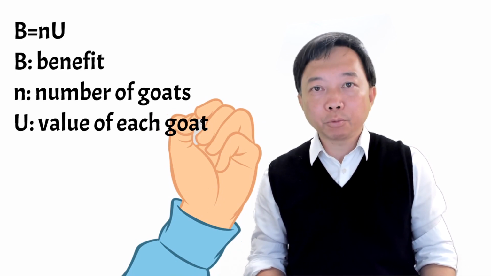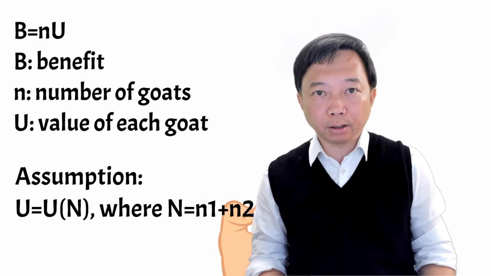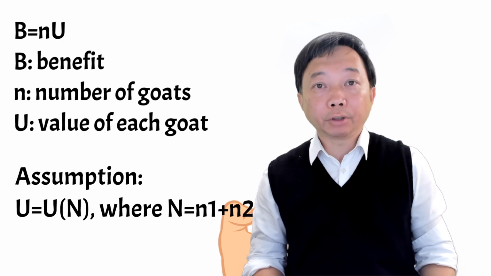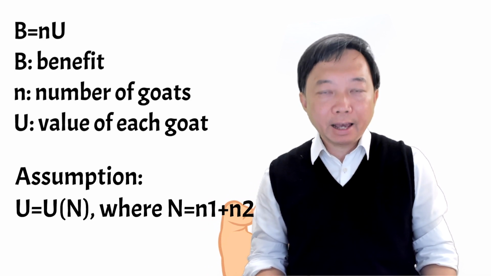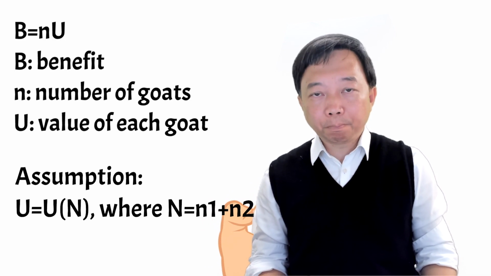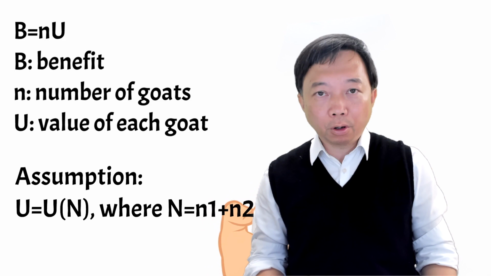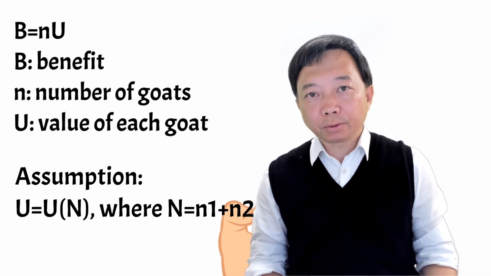An important assumption here is that the value of the goat is closely related to the total number of the goats in the entire village. The total number of the goats, N, is the sum of the goats of each villager. The relationship between the value of each goat and the total number of the goats is as follows.